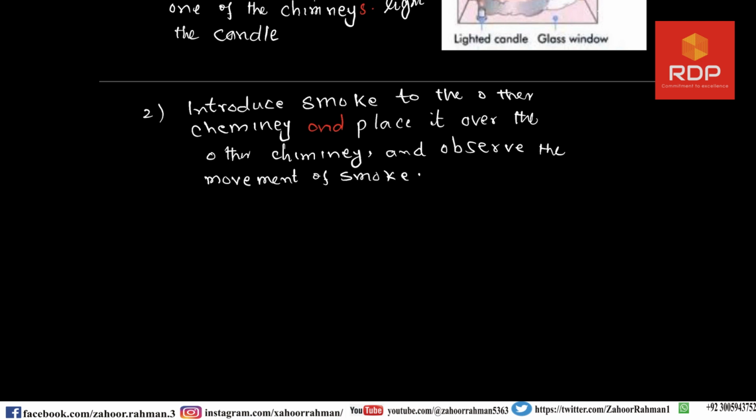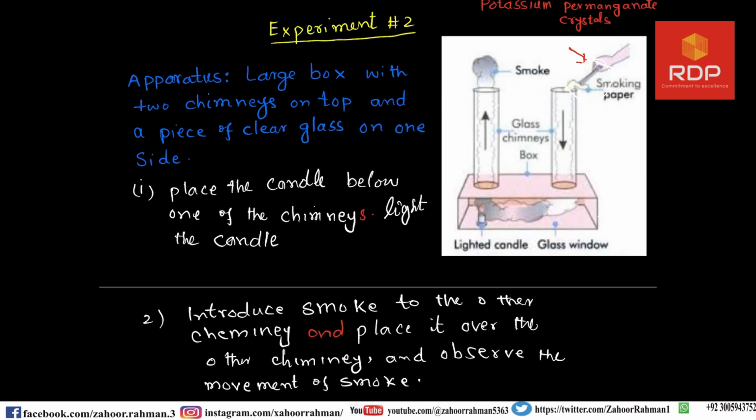Now these two experiments are enough to see the effects of convection. In these two experiments, we observed in the first case that purple streams of water are seen to rise vertically.